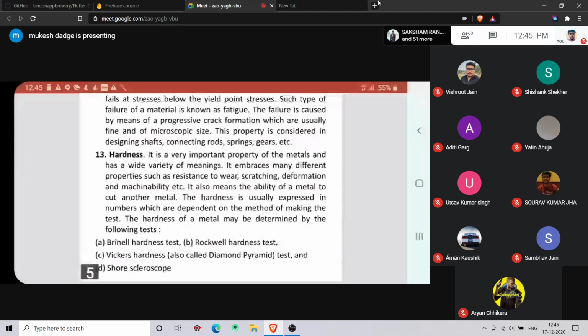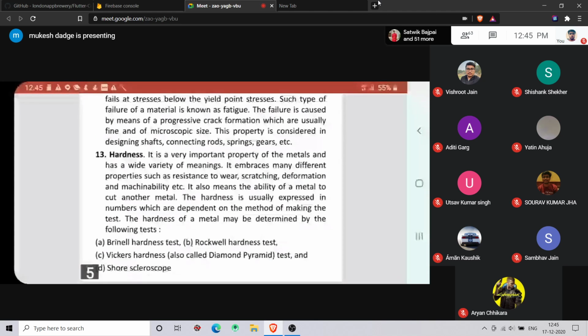It also means the ability of a material to cut another material. जो hard material है वही soft material को cut कर सकता है. So by comparing cutting properties, you can also compare the hardness of the materials.